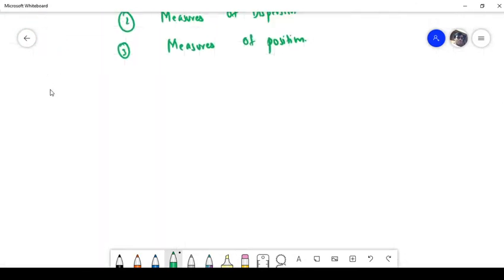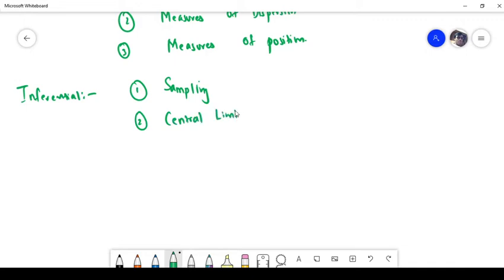Now, under inferential statistics, the topics which I'm going to cover are: first, sampling. Second, central limit theorem. And after covering sampling, I'm also going to cover the different types of sampling.